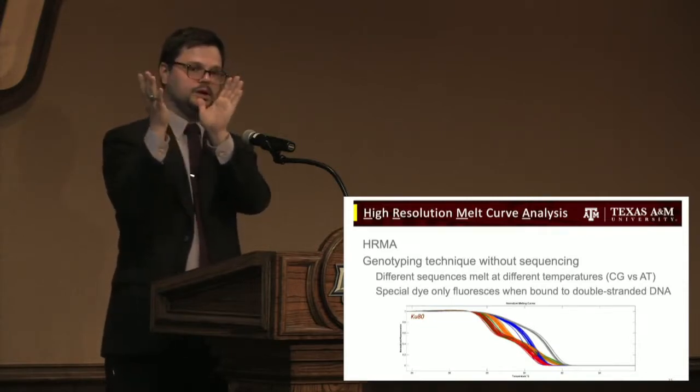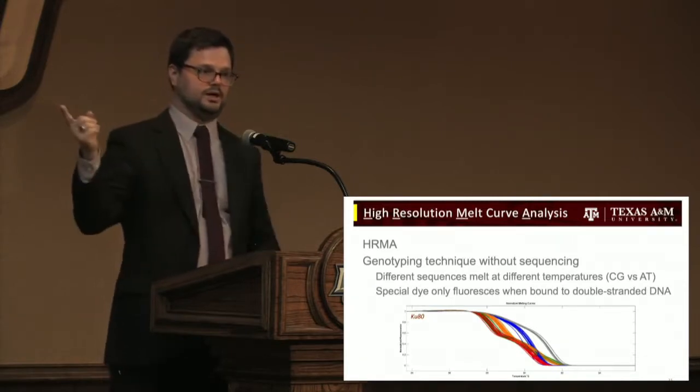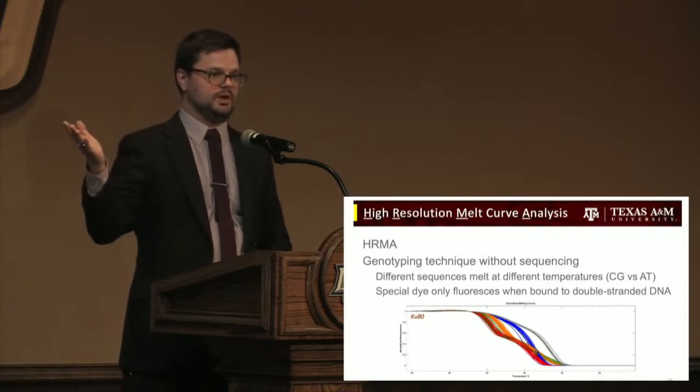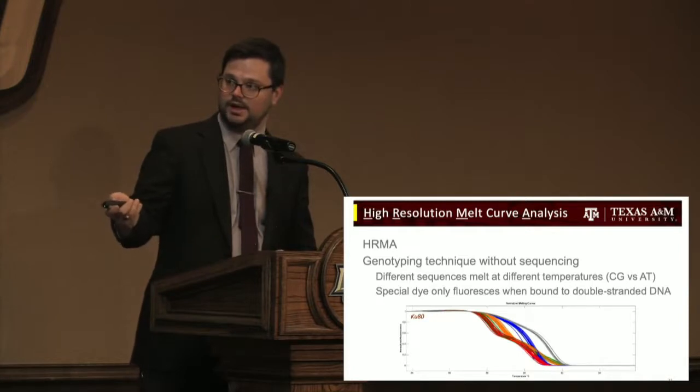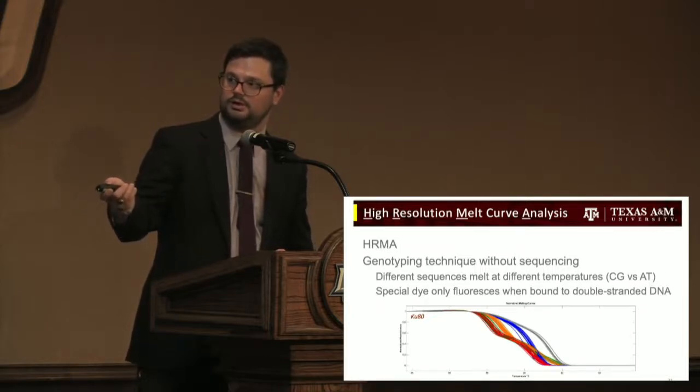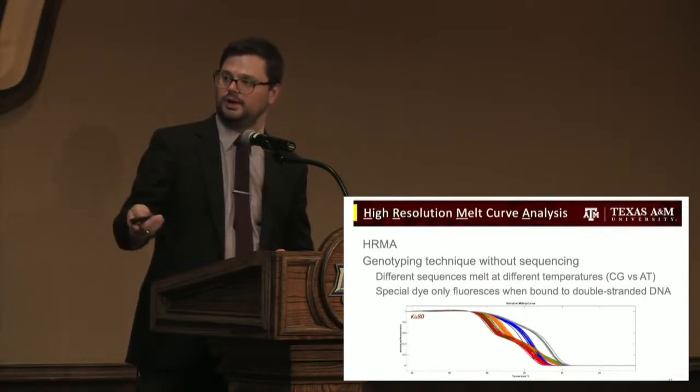As it comes apart, the dye no longer fluoresces because it's not bound to double-stranded DNA. So as the temperature increases, the fluorescence decreases based on the sequence. You can see the red and the green melt faster, then the orange melts a little bit later, and then blue, and then gray.